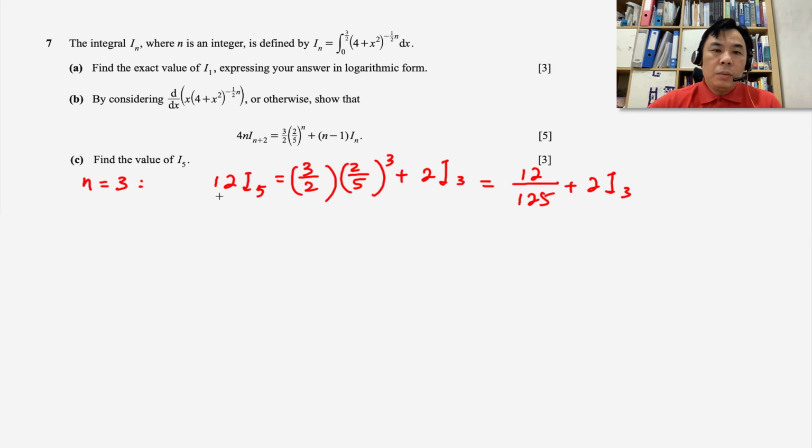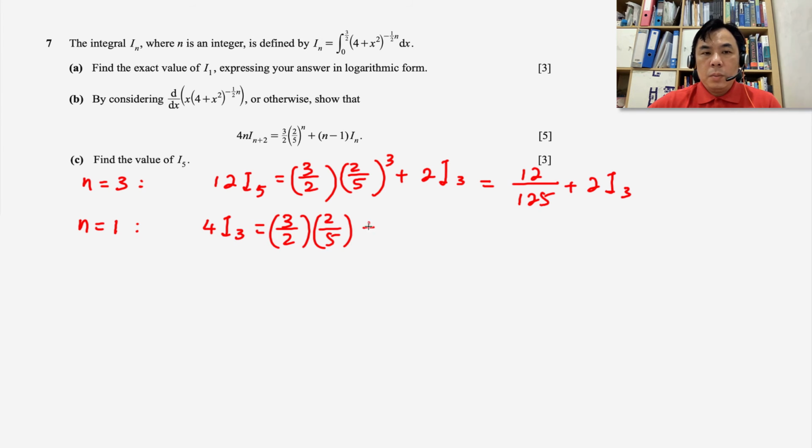And then after that, we are interested to get our I_3. So we can let our n equal to 1. Therefore, we have 4 I_3, 3 over 2, 1, plus 1 minus 1 is 0. Okay, so that is a 0 in this case.